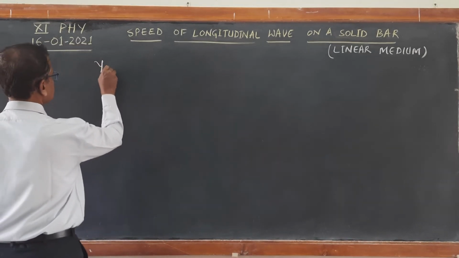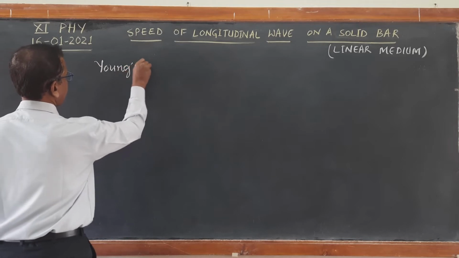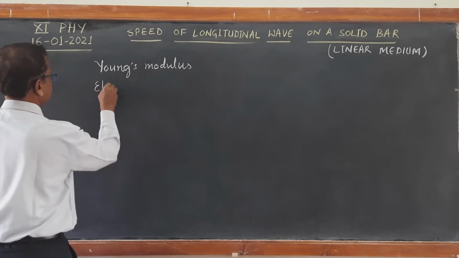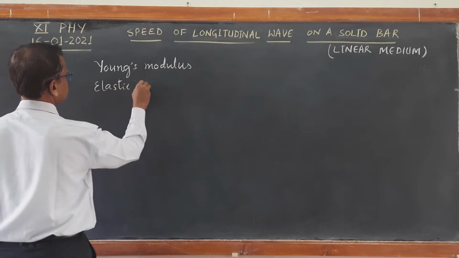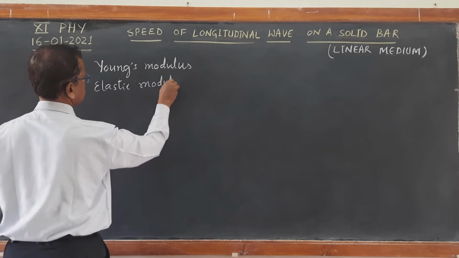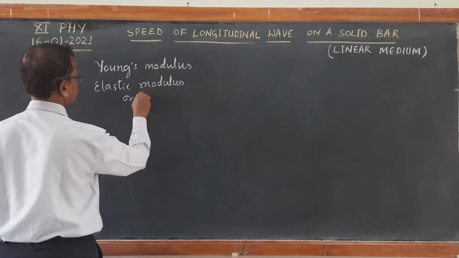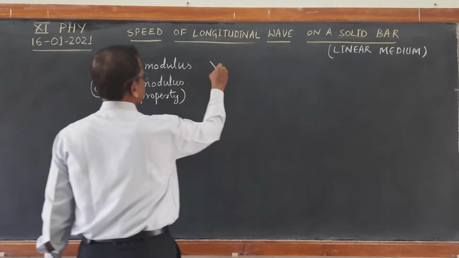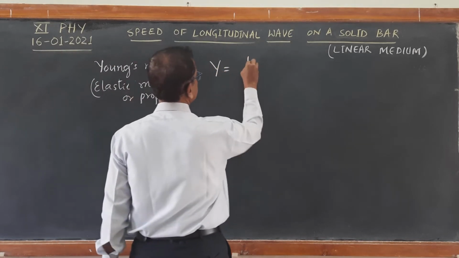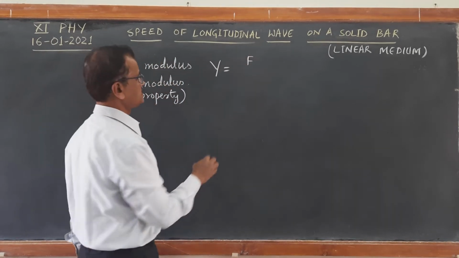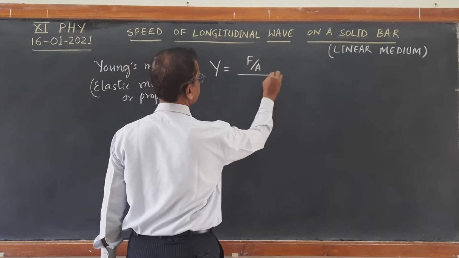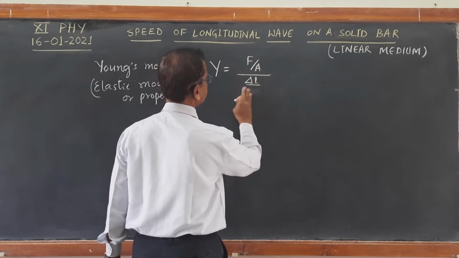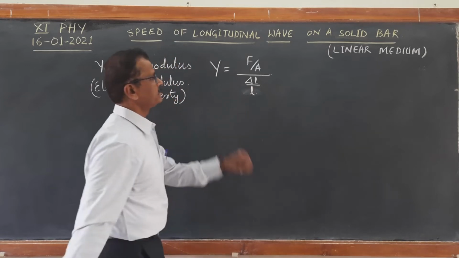Young's modulus is the elastic modulus or elastic property. Young's modulus is given by longitudinal stress F by A to the longitudinal strain delta L by L, where L is the length of the bar.